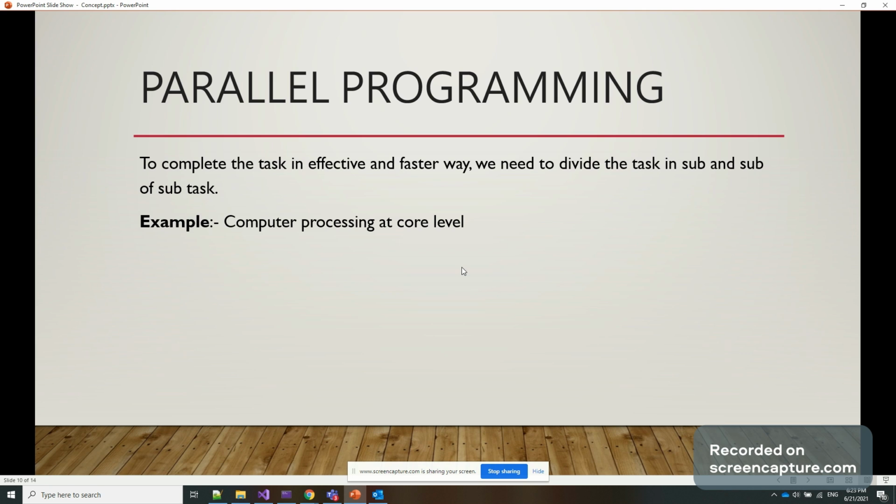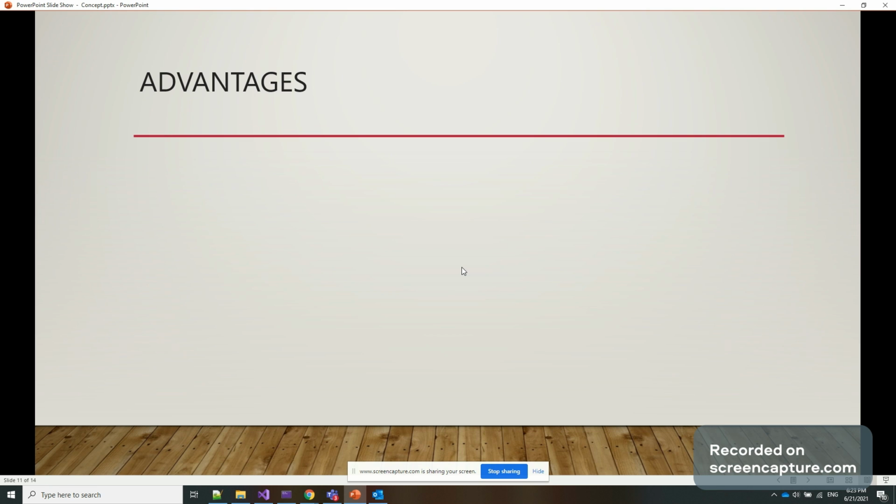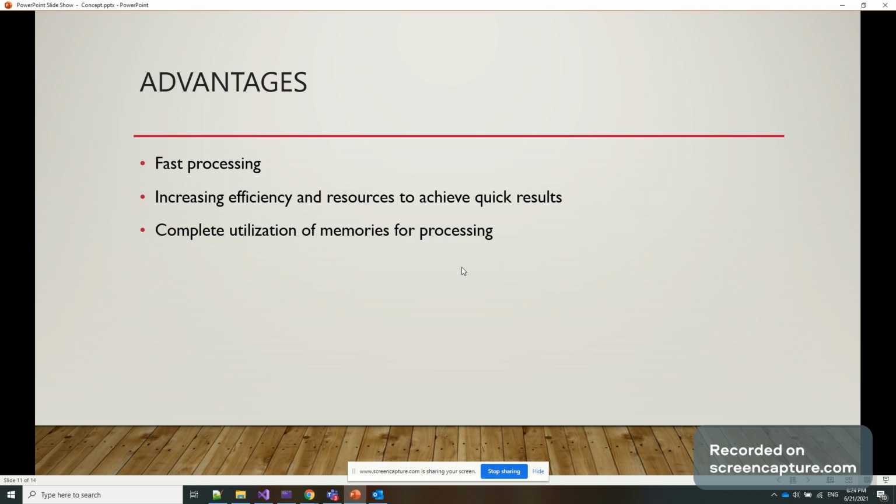Now coming to the next thing, the advantages. What is the advantage basically? I already mentioned it is very fast at processing. The second one is increased efficiency and resources to achieve quick results, because we are dividing the work into small tasks. After that, there is complete utilization of memory for processing.